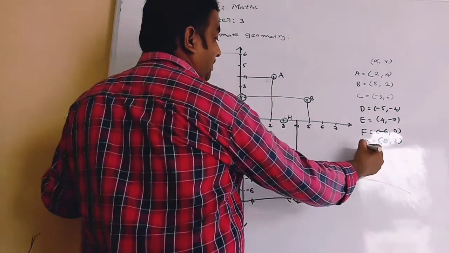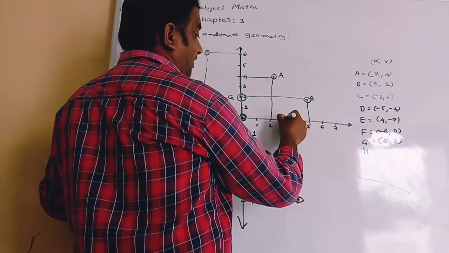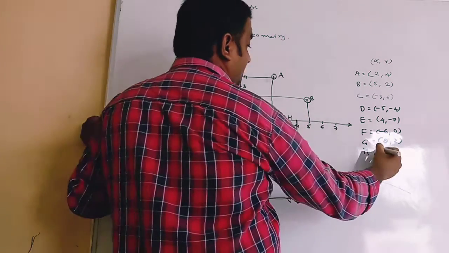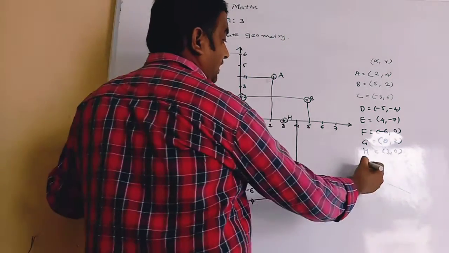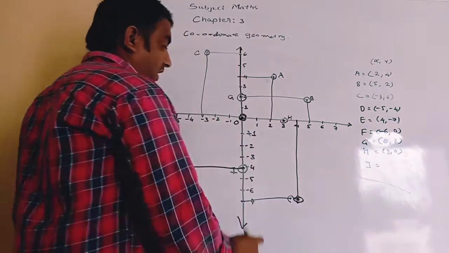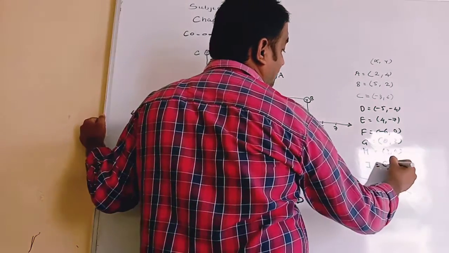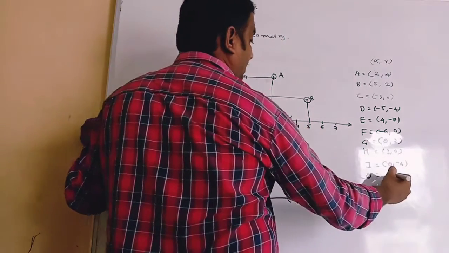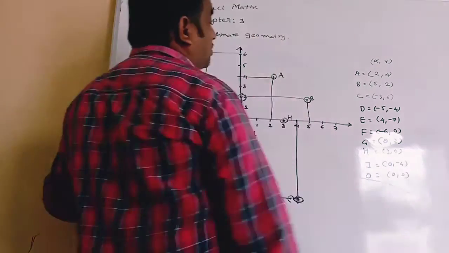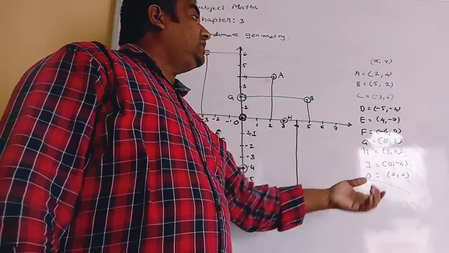H's coordinate will be on the x-axis 3 and on the y-axis 0, so 3, 0. And I's coordinate will be on the x-axis 0 and y coordinate -4, so 0, -4. And for O, both axes are representing 0, so 0, 0. O is the origin, and its coordinates will always be 0, 0.